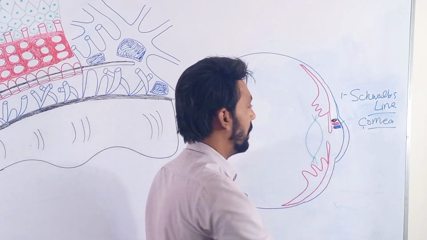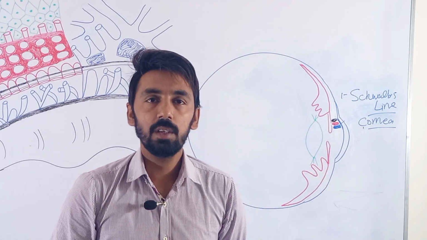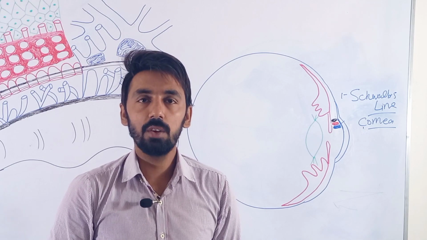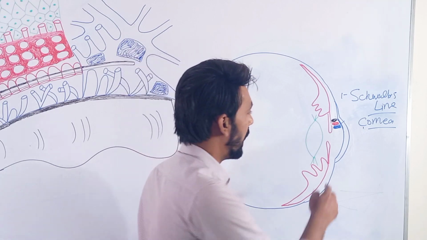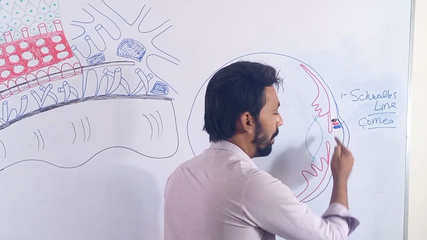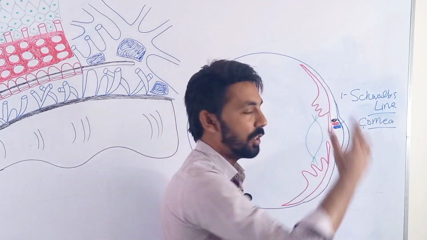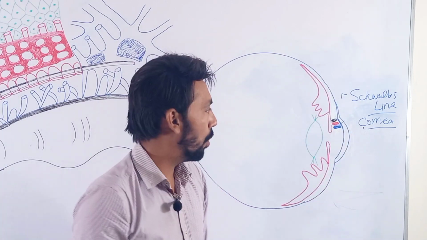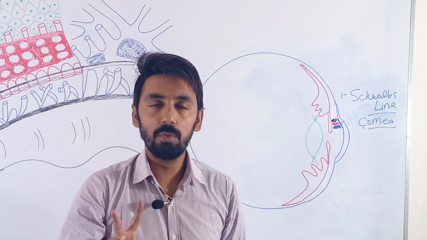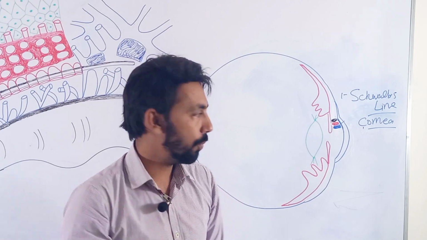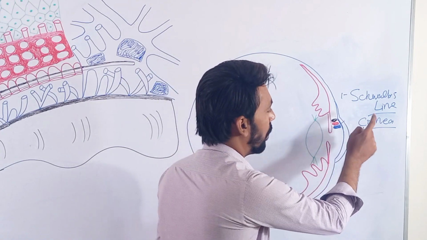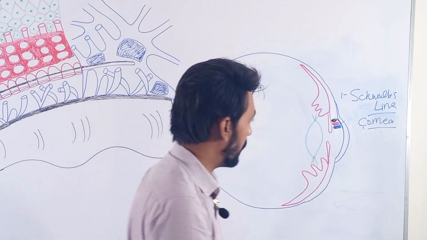In the anterior chamber there are 3 different groups of channels, called the trabecular meshwork, and then the aqueous humor will go into the trabecular meshwork and travel into further structures, right? So we have discussed 2 different structures of the anterior chamber angle. The first one is the Schwalbe's line of the cornea, and the second one is the trabecular meshwork.